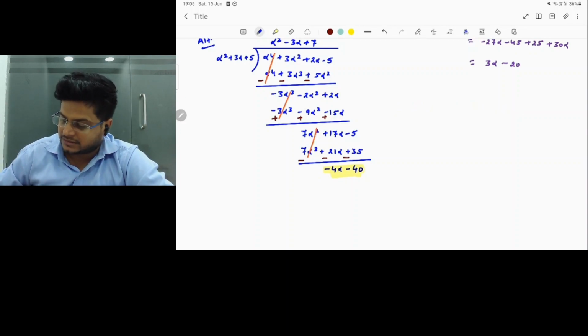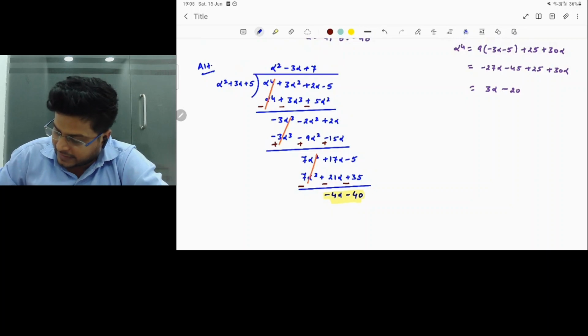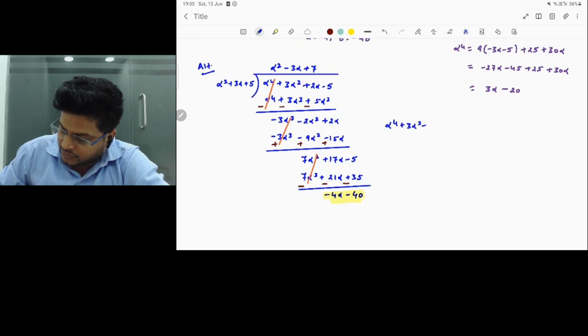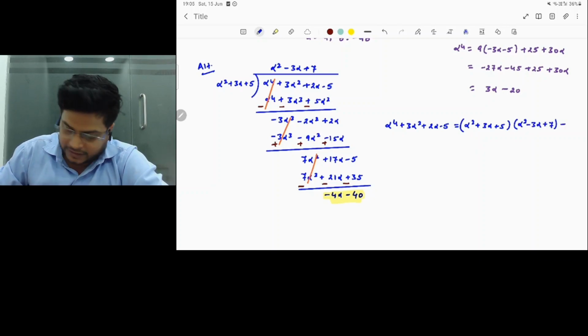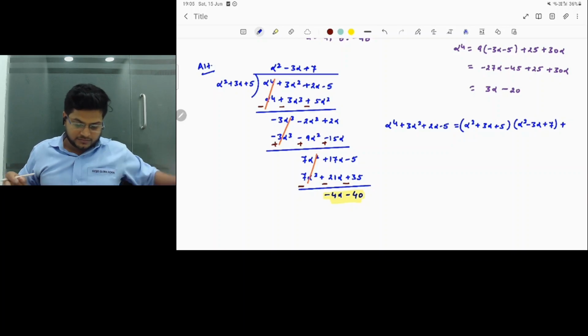So in this case, what can we write? We can write alpha to the power 4 plus 3 alpha square plus 2 alpha minus 5 equals alpha square plus 3 alpha plus 5 multiplied by alpha square minus 3 alpha plus 7 and plus the remainder.